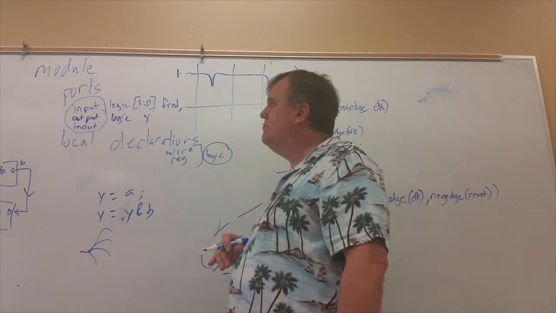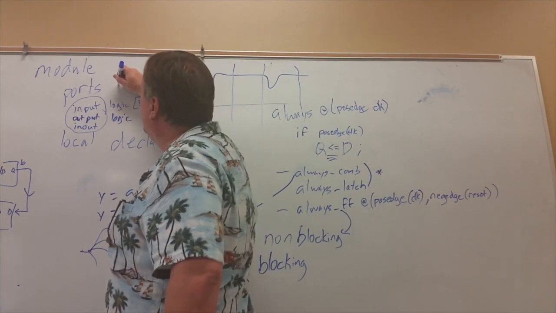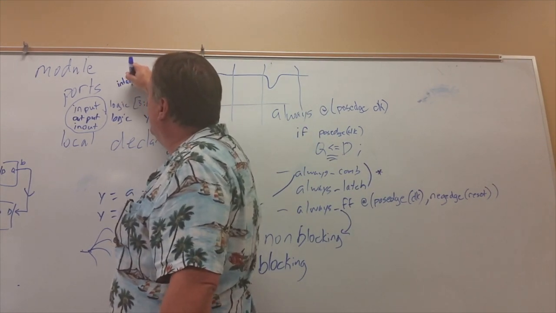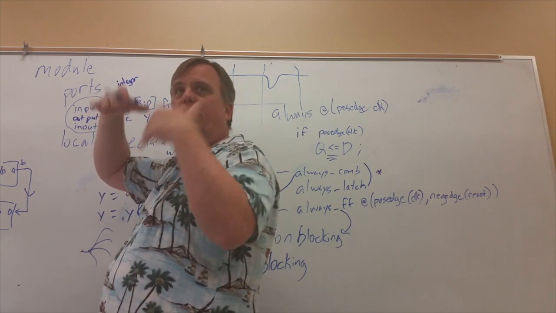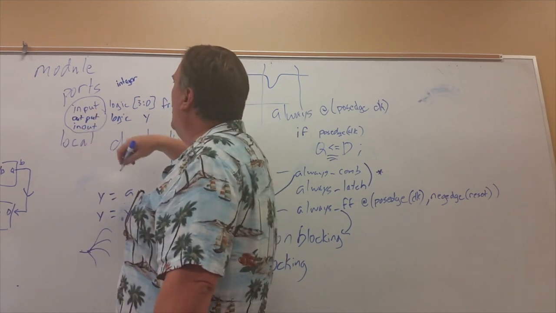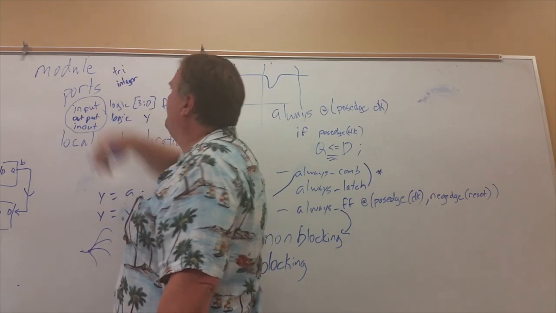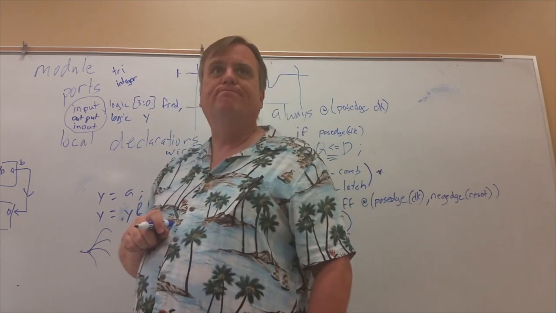Are there other things besides logic? In addition to logic, we'll also use integers. That's used when we're declaring variables, like in a genvar statement or things like that. We need integers. We'll also have tri, for tri-state gates.